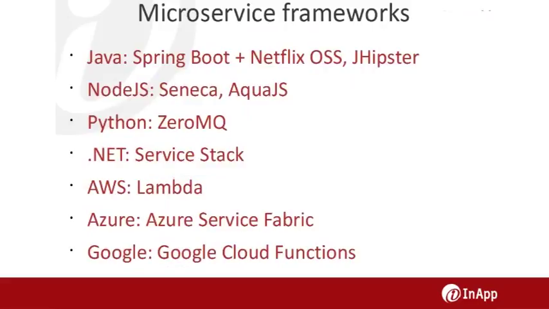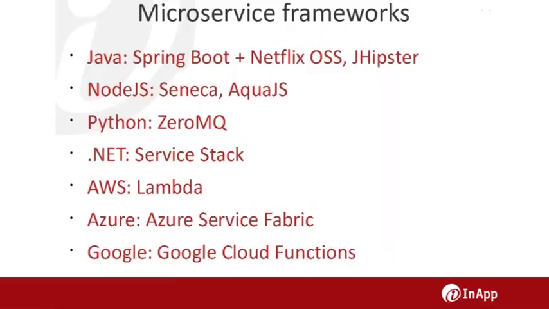So coming to the various microservice frameworks out there, if you're programming in Java, then you can use Spring Boot and Netflix. JHipster, as I said, uses Netflix OSS and Spring Boot, and it actually automates the process of building a skeleton application. If you're a Node.js programmer, then Seneca and AquaJS are worth exploring.